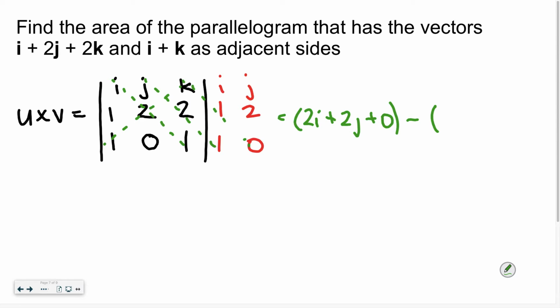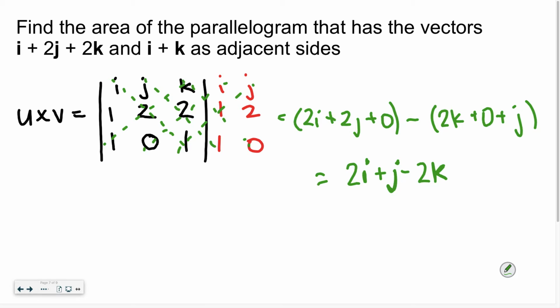Minus 2k plus 0 plus j. So our cross product ends up being 2i minus 0, 2j minus j, so that would be just plus j, and then 0 minus 2k.